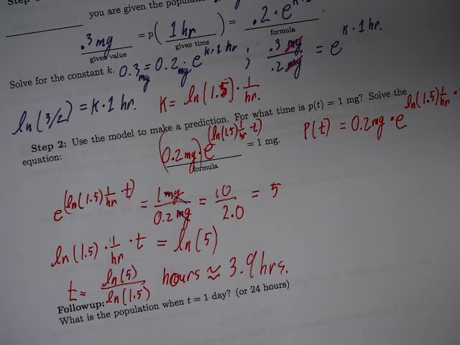What do you need to do to accomplish that? Do we have a model that tells us how big the population is at any given time? And at what time do we want to use this model? At time equal to 1 day or 24 hours. So all you have to do is plug in 24.